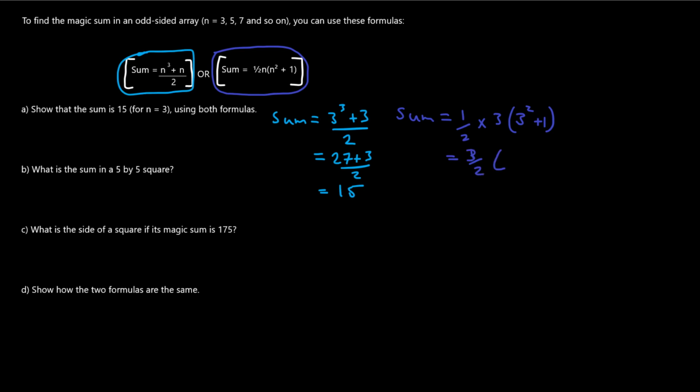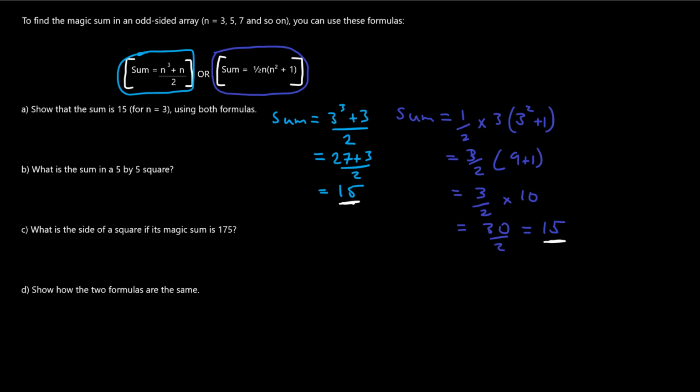Inside the bracket we've got 9 plus 1, and 9 plus 1, that's 10. So 3 on 2 times 10, that's going to give us 30 over 2, which is 15. That's pretty handy. Both of our formulas are 15.